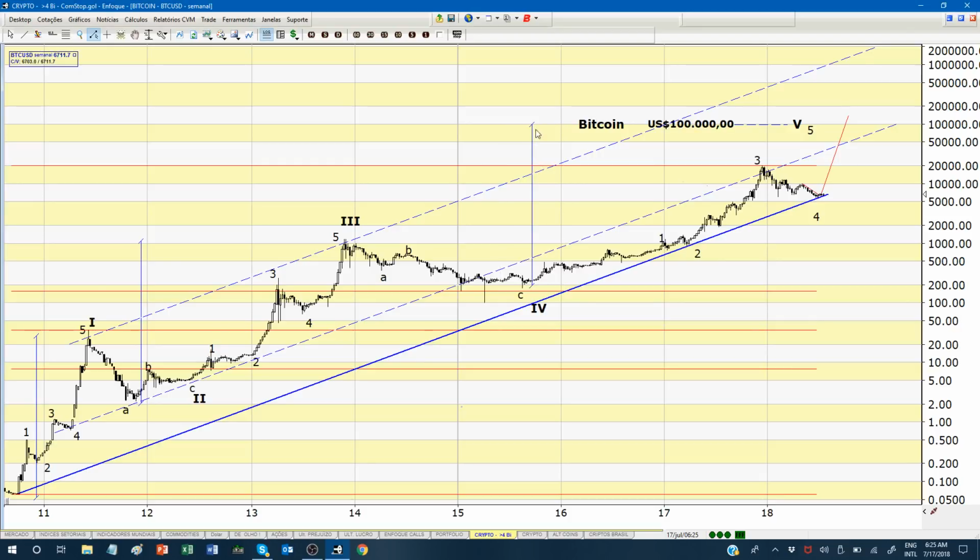So we have only this small segment of the upward trend to be conquered, and that I think is going to happen very fast. Of course, we have to first break the 10,000 level and then the 20,000 level, but after that, I think it's a matter of weeks, and Bitcoin is going to be there.